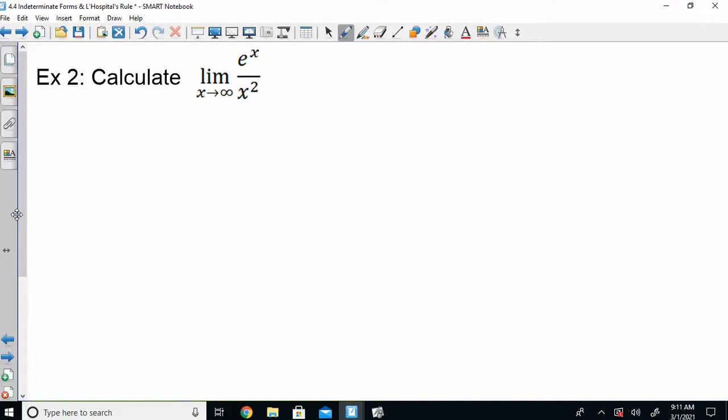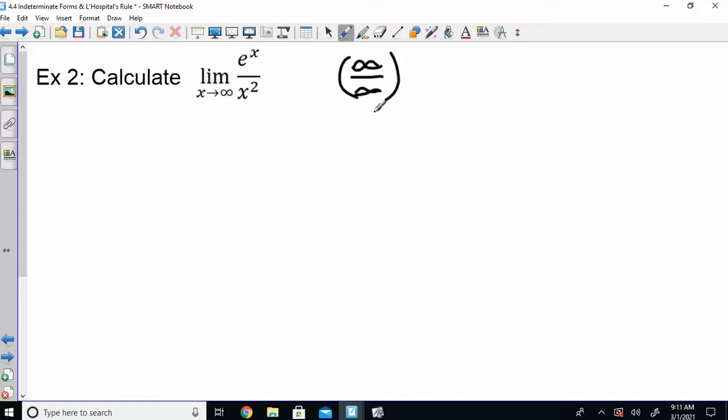If I plug in infinity, e to the infinity, what's anything to the infinity power going to turn into? Infinity. Over what's infinity squared going to turn into? Infinity. So this is infinity over infinity, which we can't do anything with.